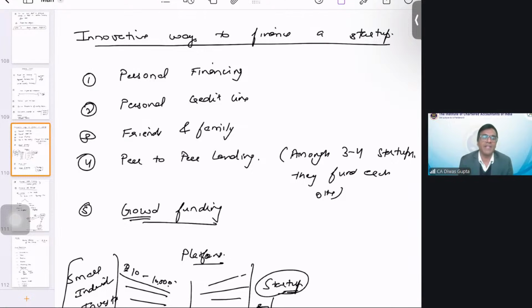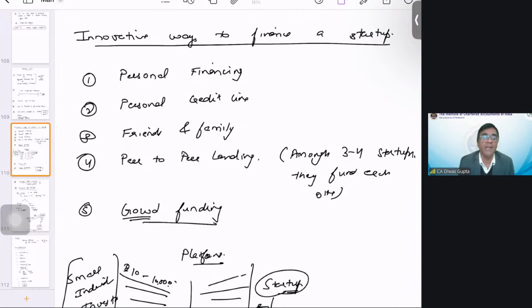The first one is personal financing, wherein the promoter, or let's say the founder themselves, try to fund it whichever way they are able to do personally, right? Whatever are the personal sources of funds, let's say their savings, their personal investments. Second, personal credit line. Personal credit line will be, let's say, personal credit cards, right?